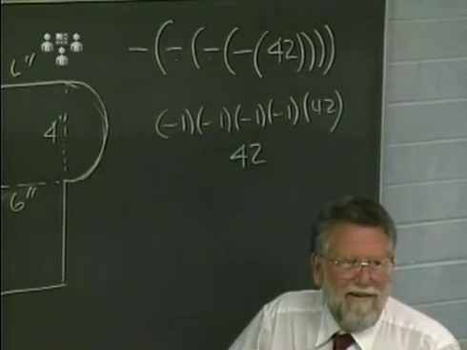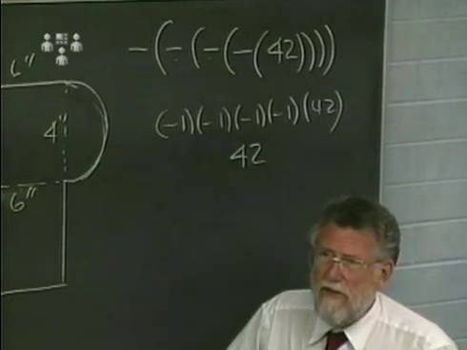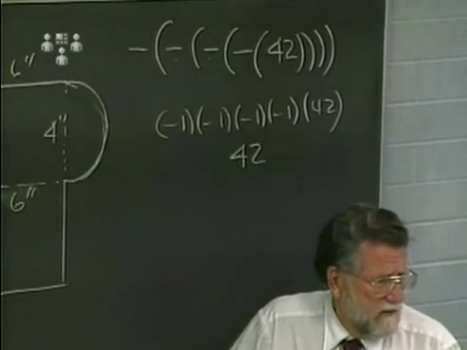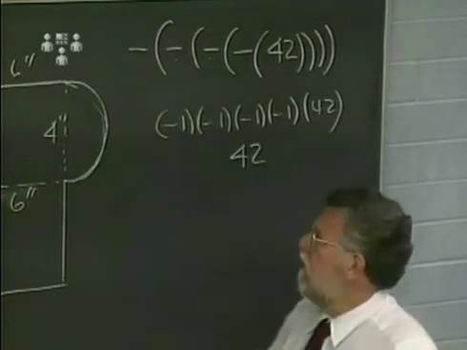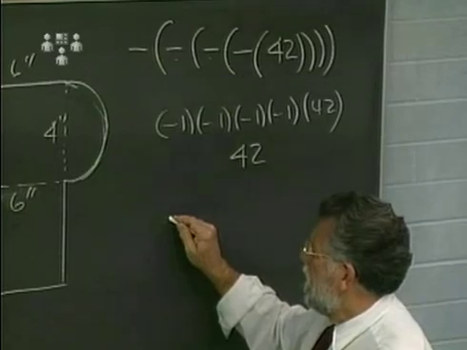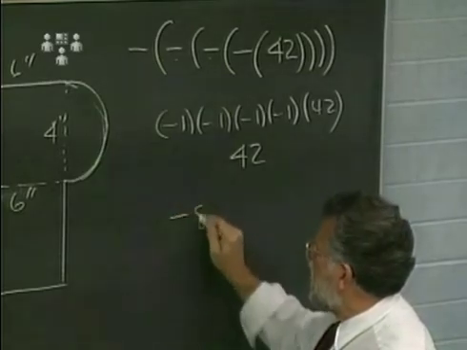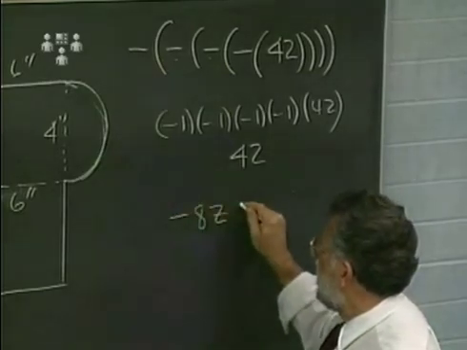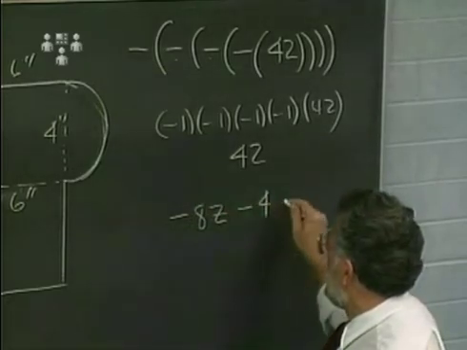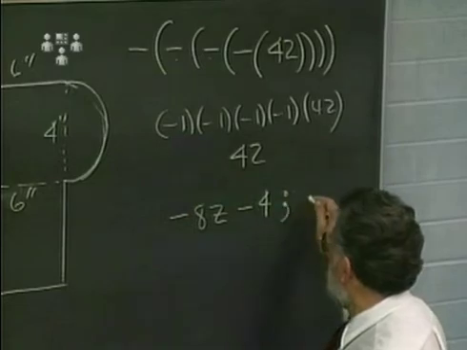You can do 7. Ready for 7? Any other questions? We're down to about a minute or so. Dion. I have a problem from 3-1. Okay, you want to fire it away? Negative 8z minus 4.